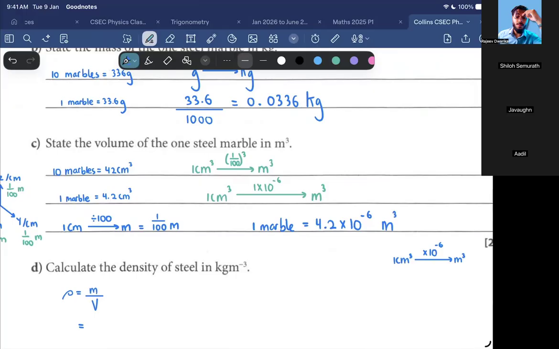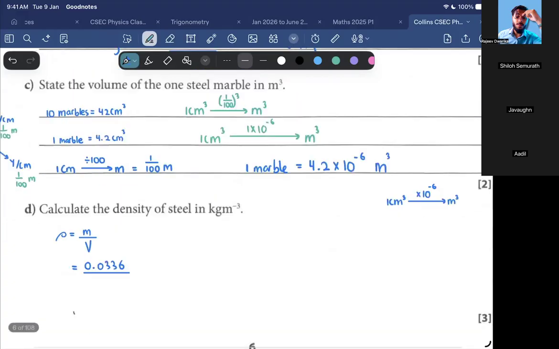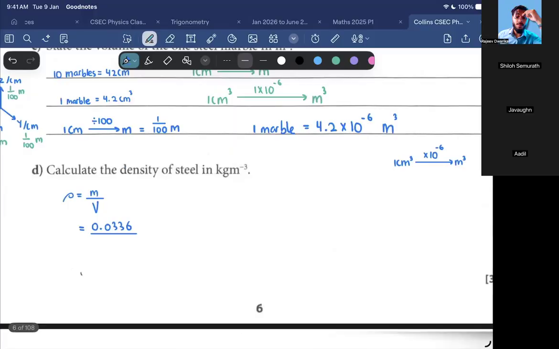Of 1, sir. 0.0336. And what's the volume for one? We want it in kg per meter cube, so it had to be in SI units.